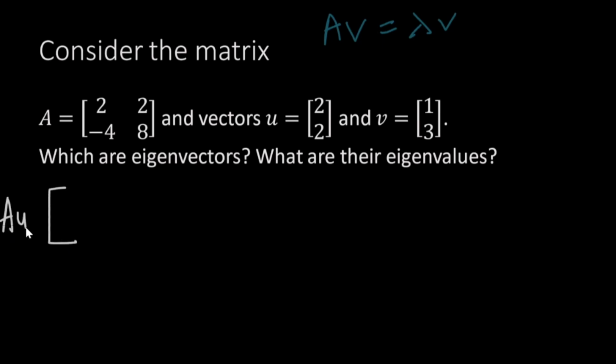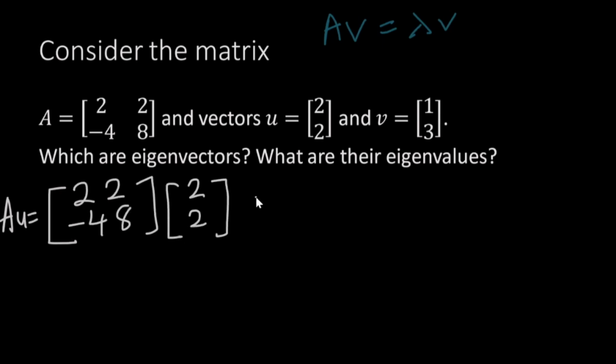So AU gives us the first row multiplied by vector u. We get 4 plus 4, which is 8. And the second row multiplied by the vector u, we get negative 4 times 2, minus 8, plus 8 times 2, 16. So 16 minus 8 is 8.